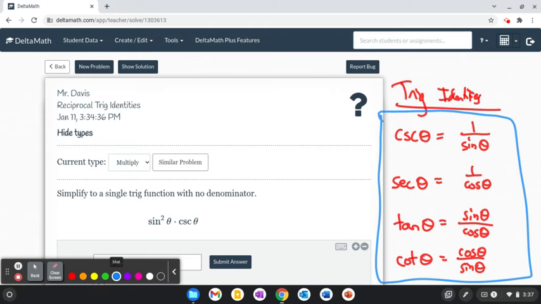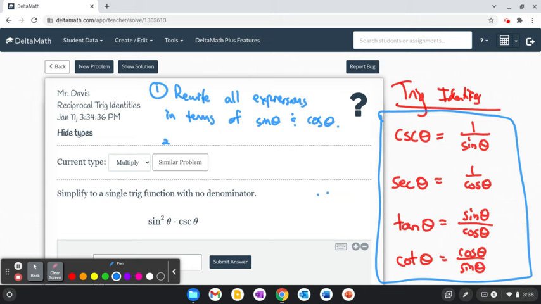So basically the goal today is to rewrite all expressions in terms of sine theta and cosine theta. That's going to be our first step in all of these. If we can change something into something with a sine or a cosine, that's what we're gonna do.